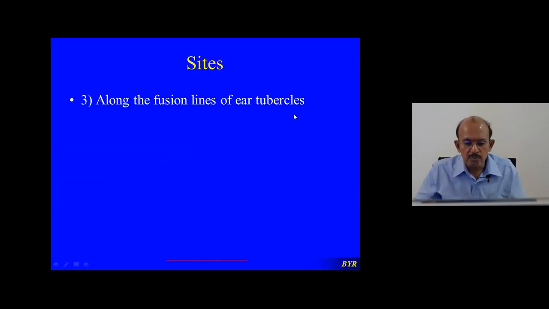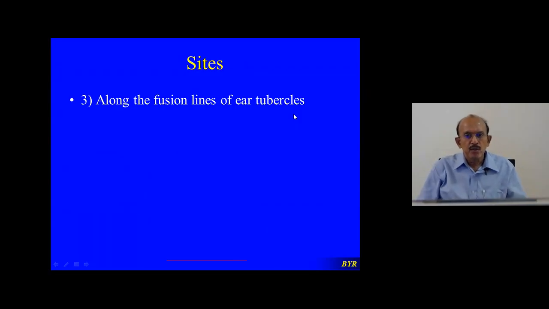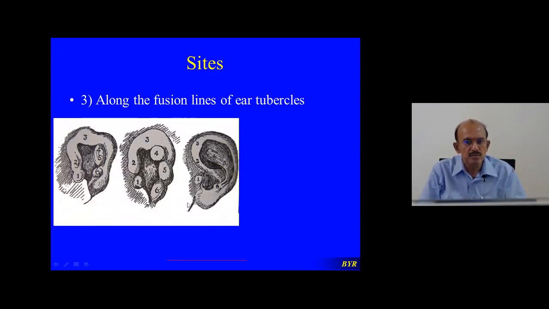So the third place of development of dermoid is at the fusion lines of ear tubercles. External ear is developed from 6 tubercles. This is how it develops. These 6 tubercles fuse together and form the external ear.